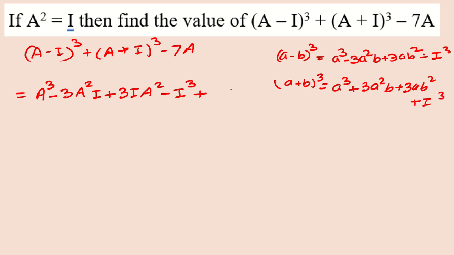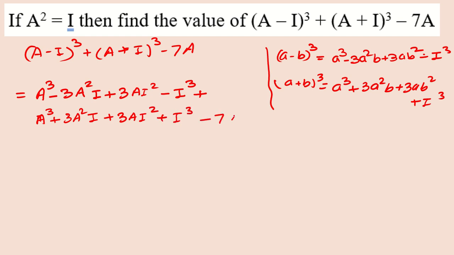So here it will be A cube plus 3A square I plus 3IA square plus I cube minus 7A.